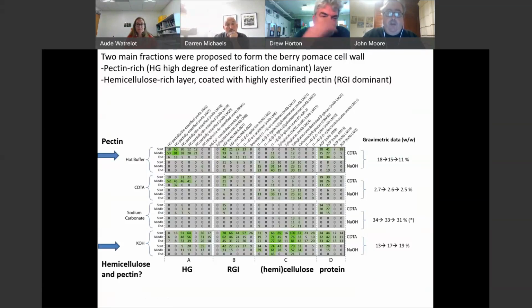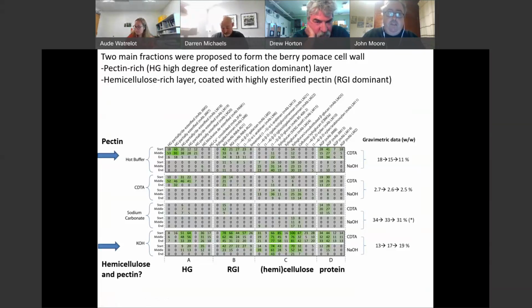And we were able to show with additional monosaccharide data that there seems to be 2 main fractions that came out of the grape tissue of macerated grape tissue. There was a pectin-rich fraction, which contained homogalacturonan or pectins with a high degree of methyl esterification.